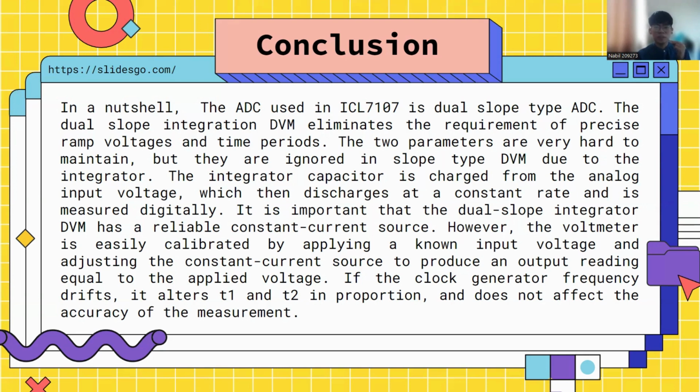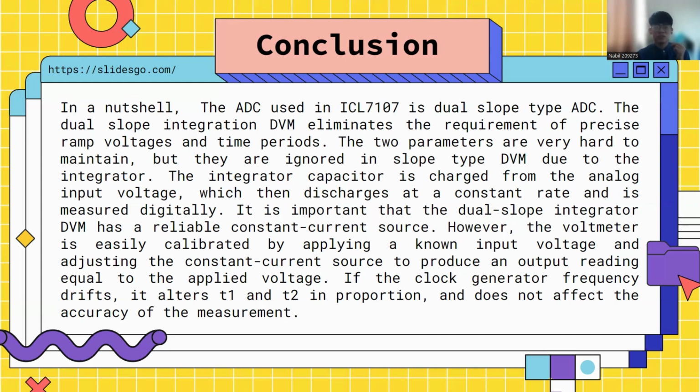The integrator capacitor is charged from the analog input voltage, which then discharges at a constant rate and is measured digitally. It is important that the dual slope integrator digital voltmeter has a reliable constant current source.